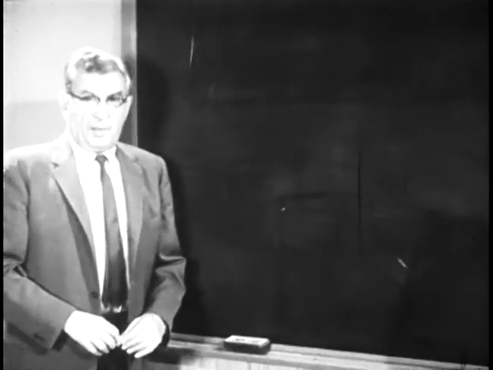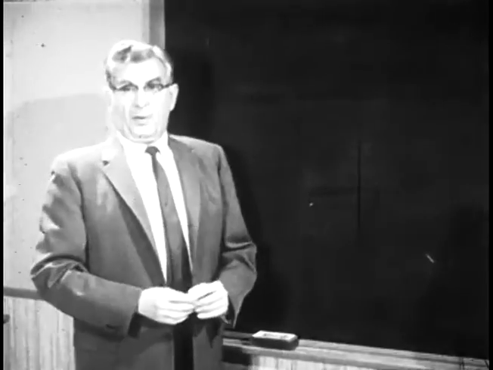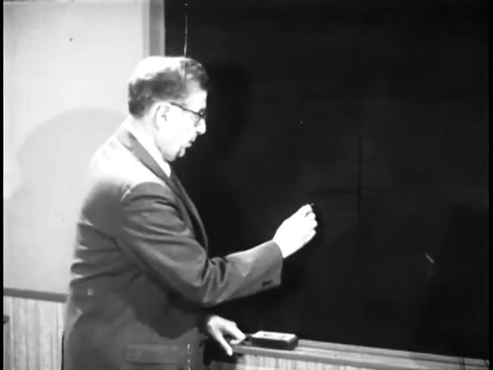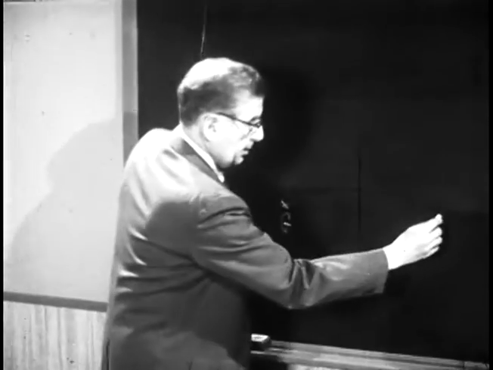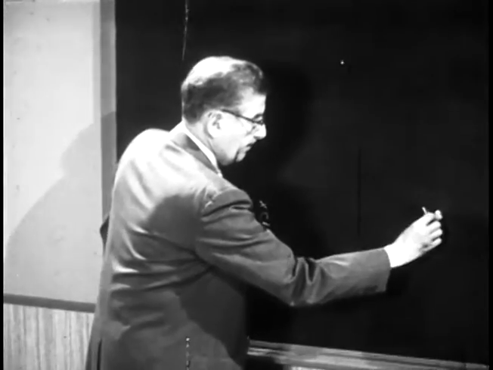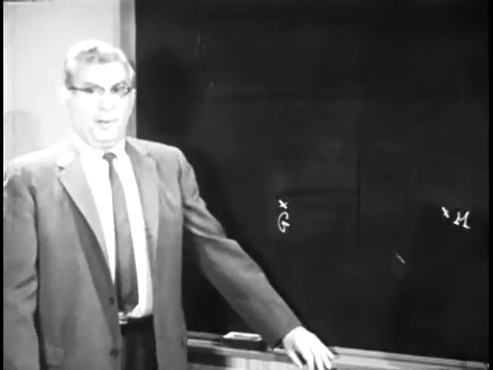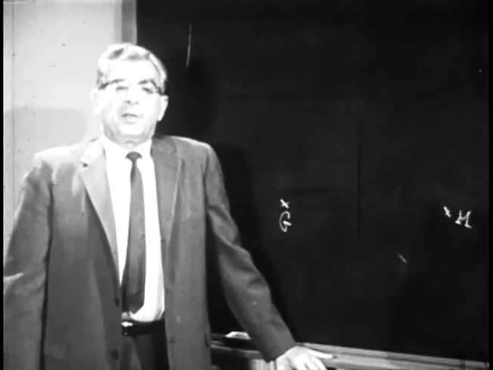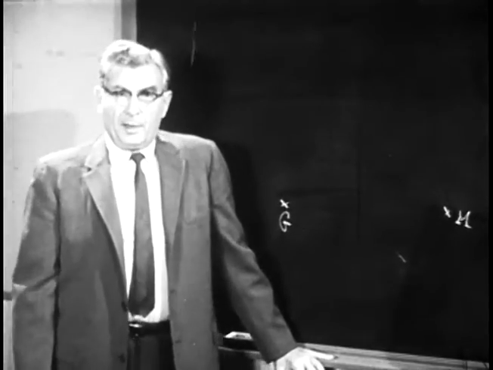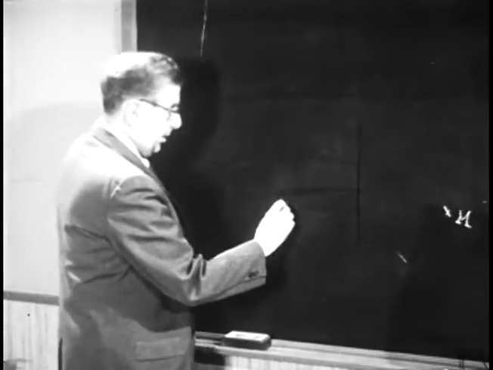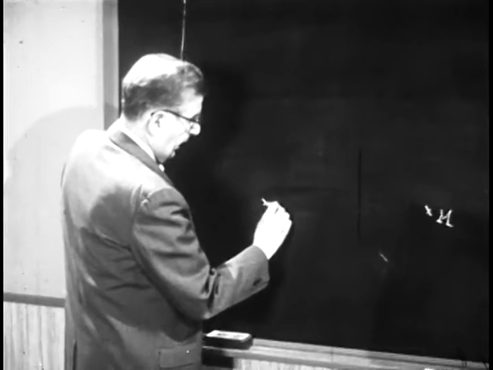Now first, let's consider the simple case where you and the monkey are at the same height. Suppose this represents the position of the gun, and this, the position of the monkey. For a minute, let's imagine that the force of gravity does not act. Then you know very well how you should aim to hit the monkey. You aim horizontally, right at the monkey.